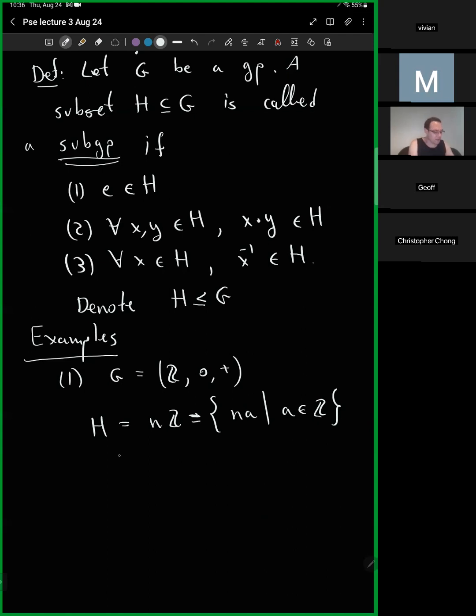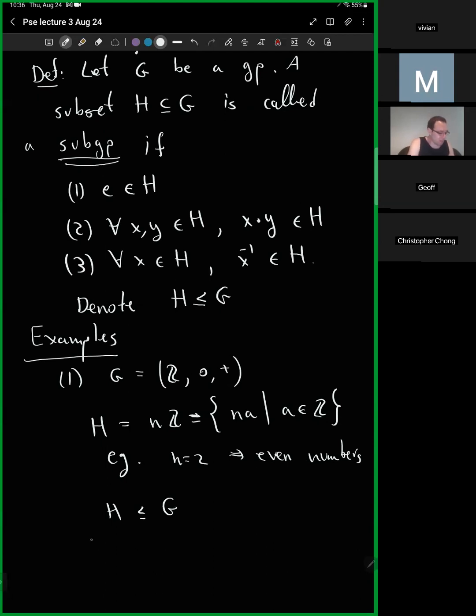So for example, n equals 2 is all the even numbers. Then H is indeed a subgroup of G.